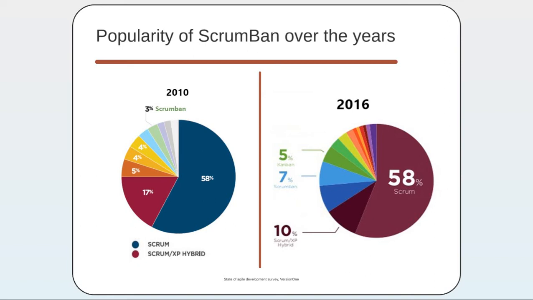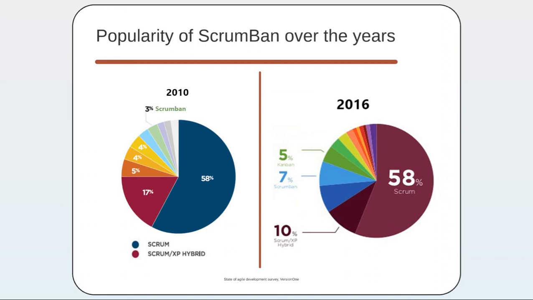Even from 2010 to 2016, it has retained its place. But there's also a saying from one of the co-founders of Scrum that 75% of the people who are using Scrum do not get the benefits that they seek out of Scrum entirely. So there are problems with Scrum for teams who are using Scrum as well.